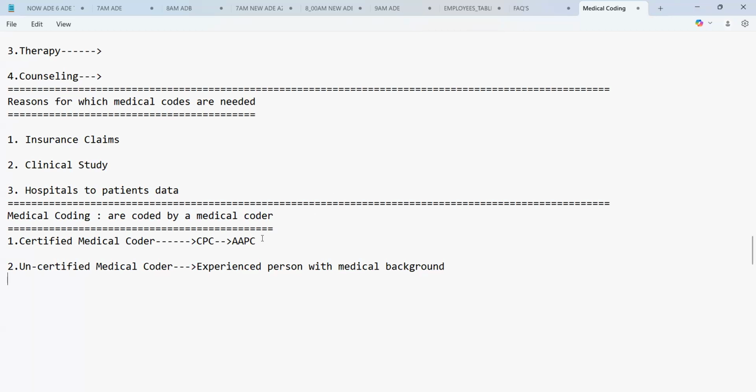But across the globe, to get a job and to survive in the industry, one must have medical coding certifications.